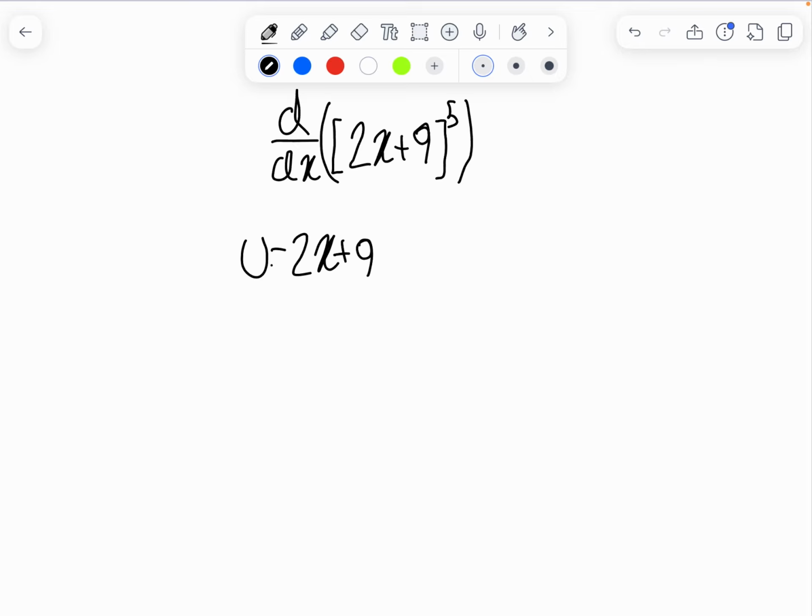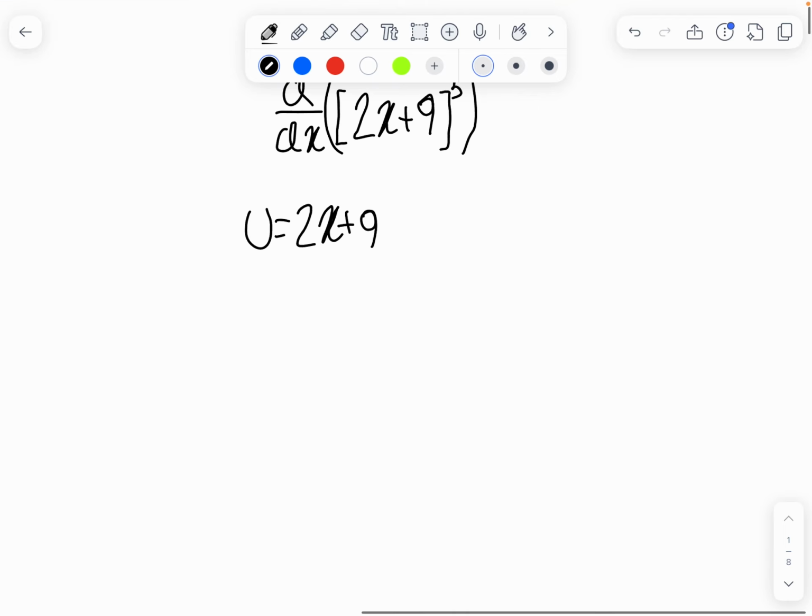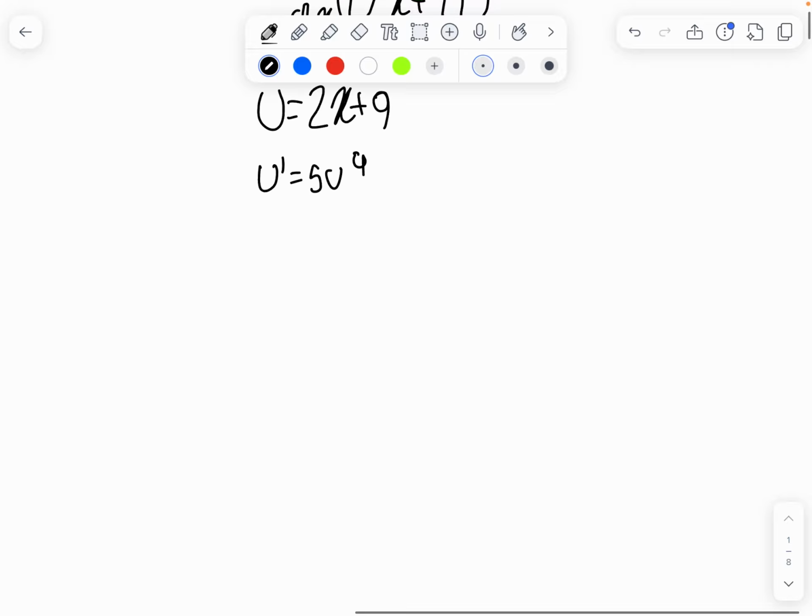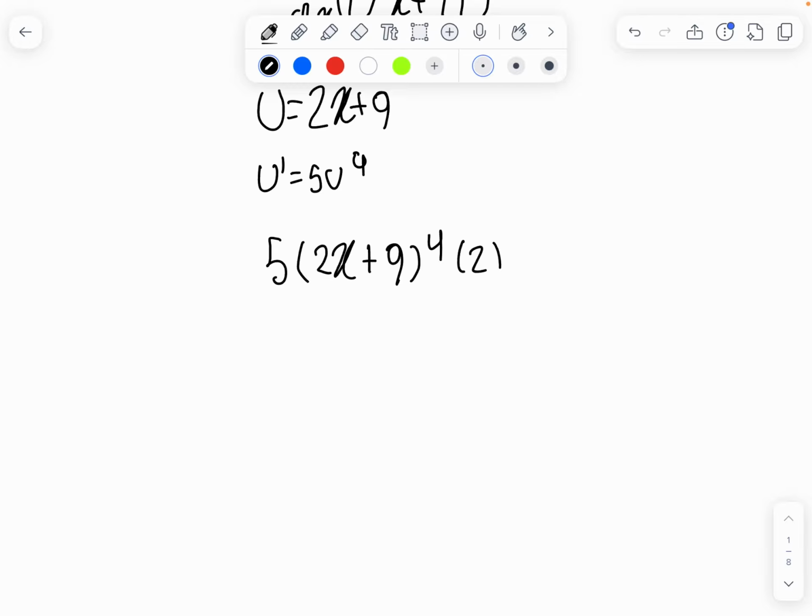So if we let u equals 2x plus 9, then the derivative of u to the power of 5 is 5u to the power of 4. So since we've differentiated the inside and the outside, when we combine them together, we get 5 times 2x plus 9 to the power of 4 multiplied by 2.